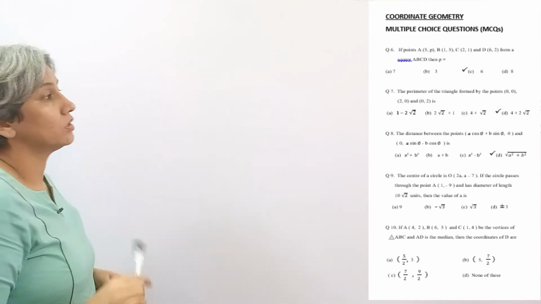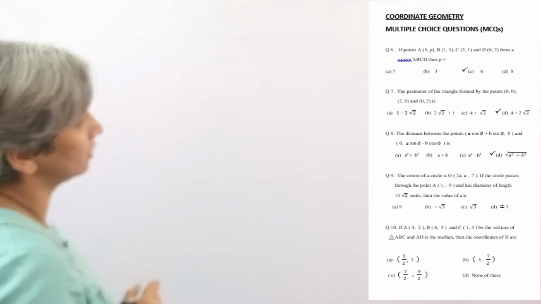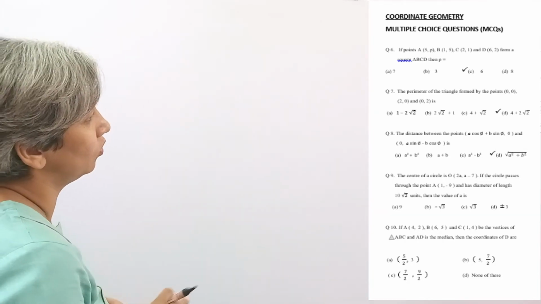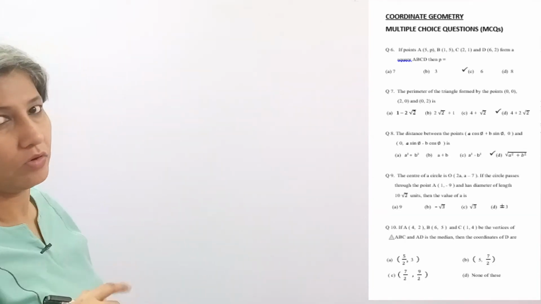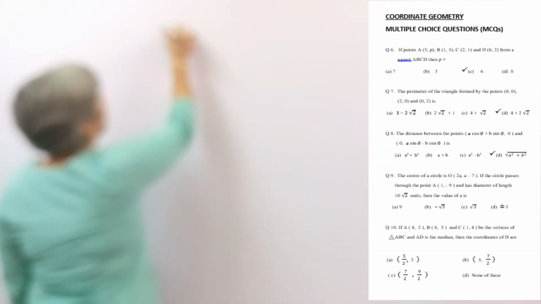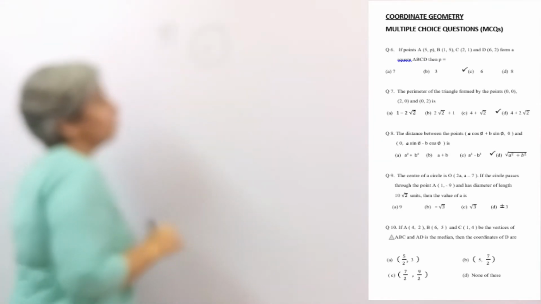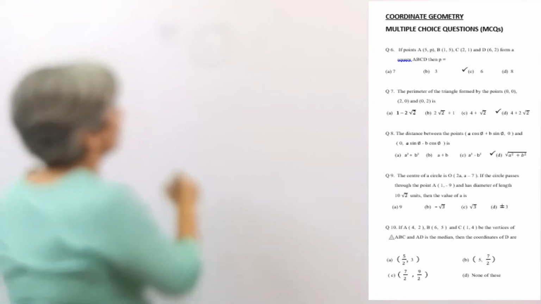So now comes question number 9, which says the center of a circle is O, which is 2a, minus 7. Okay, so we have question number 9. It is about a circle where the center is O, which is 2a, minus 7.